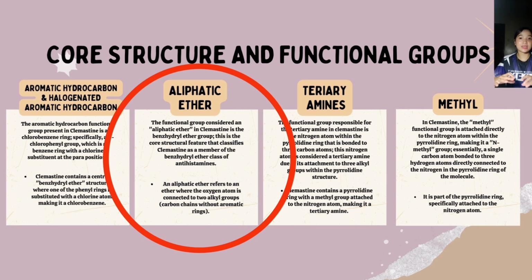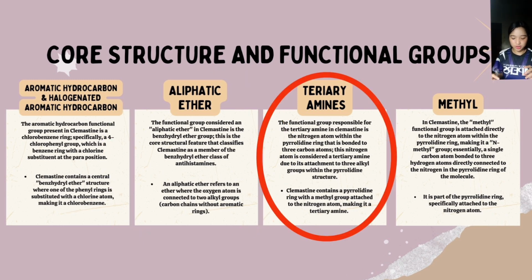So basically, what we call it is the aliphatic ether, that attachment in the circle there. Aliphatic ether helps in hydrogen bonding, which may assist in receptor binding and solubility. It increases molecular flexibility, allowing the drug to adapt its shape for the receptor interaction.